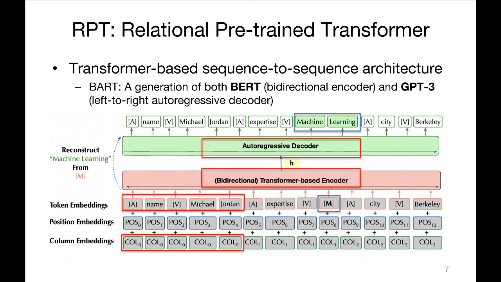Different from BERT, RPT can predict multiple tokens for one single masked token with text infilling technology.